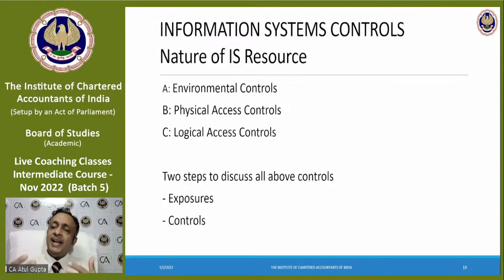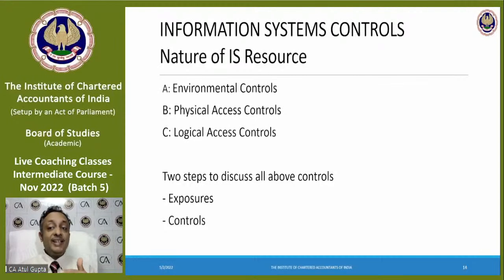To make good that weakness, you put controls in place. To mitigate the impact of weakness, you put controls in place. There could be an issue of environmental weakness, physical access weakness, or logical access weakness. Those become exposures, and to make good those exposures, you put in place controls.